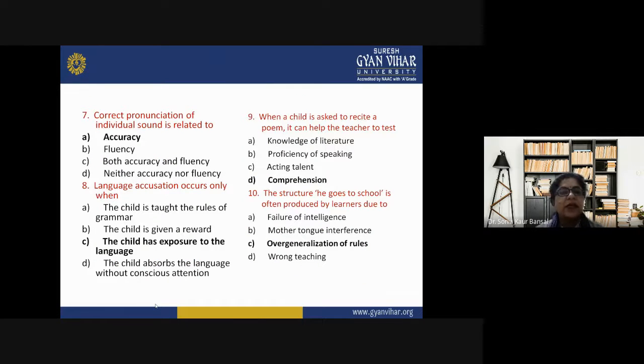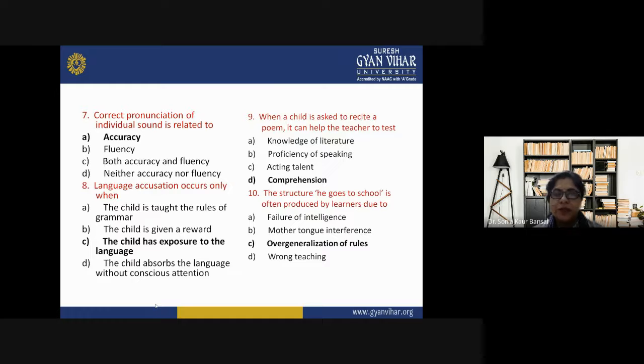Next, correct pronunciation of individual sounds is related to accuracy, fluency, both accuracy and fluency, or neither accuracy nor fluency. We are talking here about correct pronunciation. How much time you take doesn't matter.